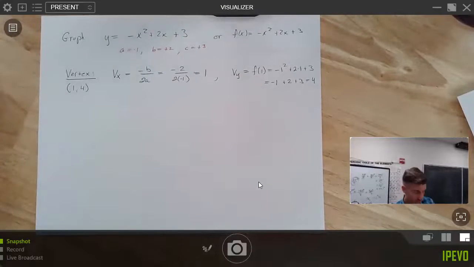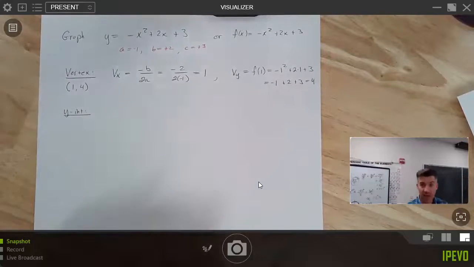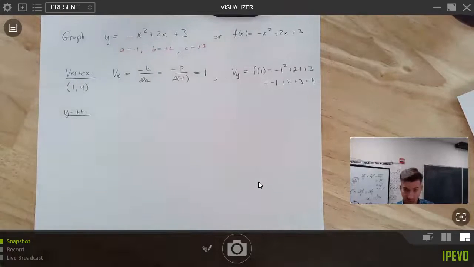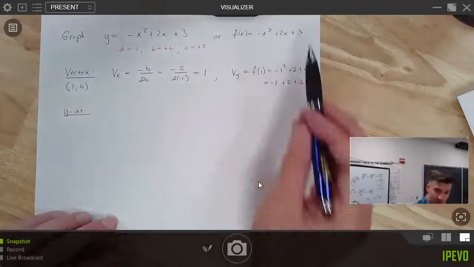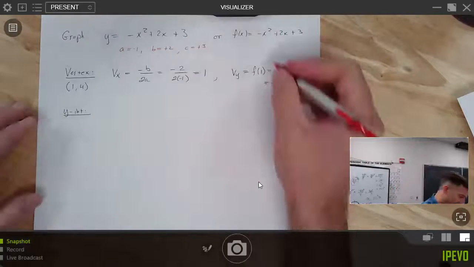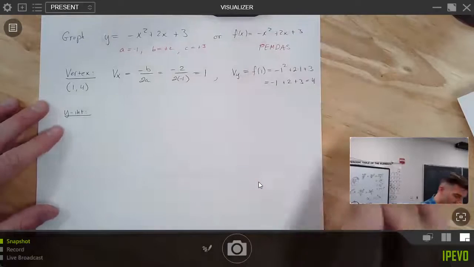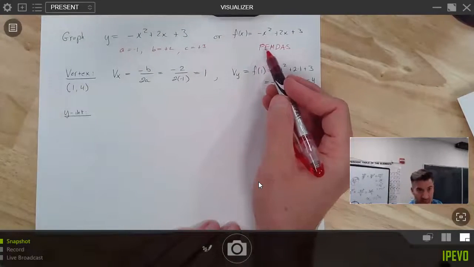Let's find the y-intercept. Oh, how is it negative 1? Fair question. There aren't any parentheses. My parabola is negative x squared plus 2x plus 3. And when you see a negative x squared, order of operations, PEMDAS, says first you do any parentheses, and I don't have any. Then you do an exponent.